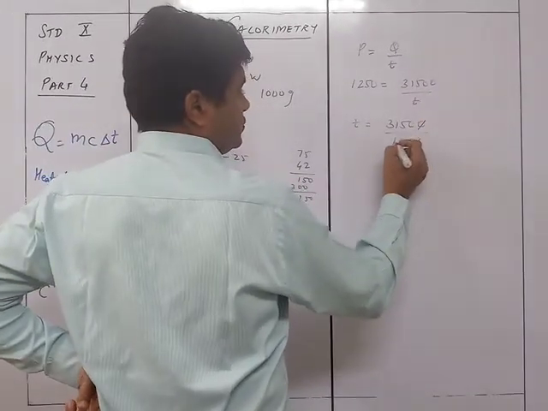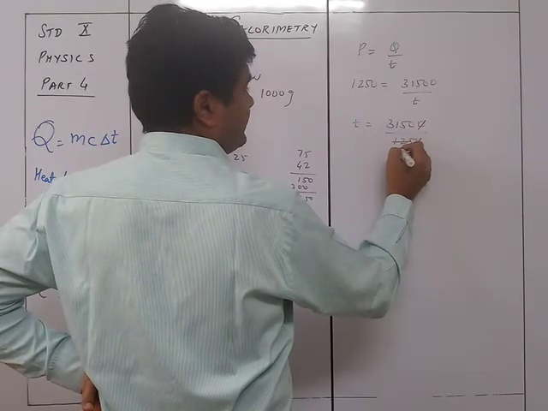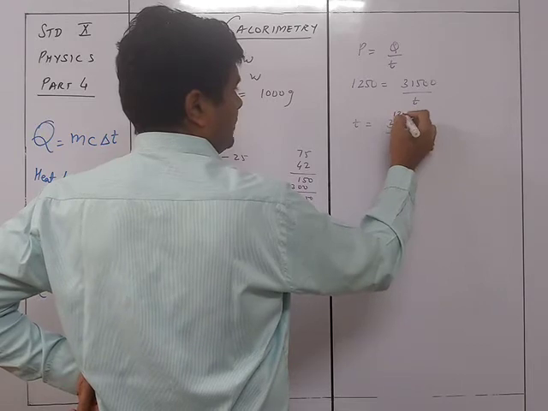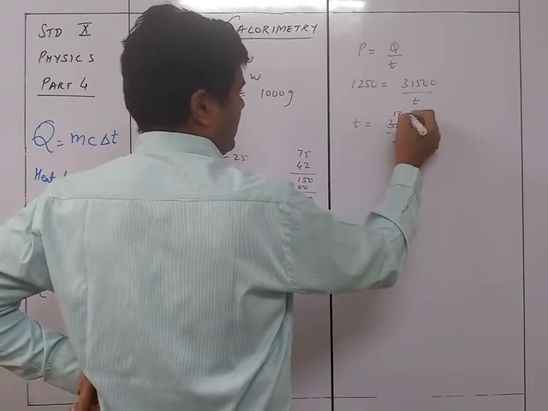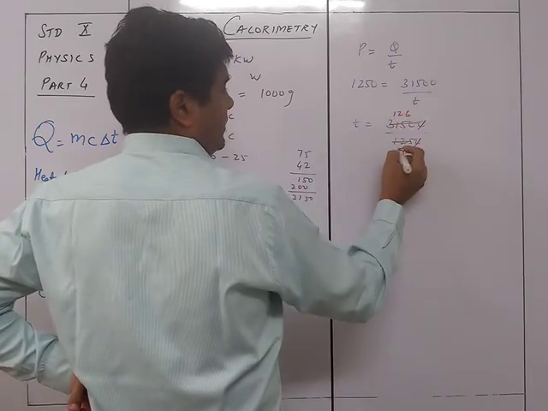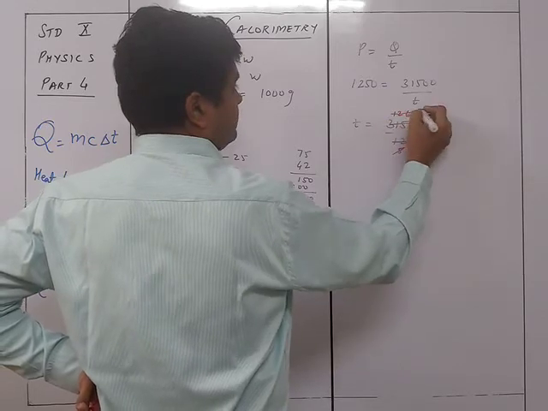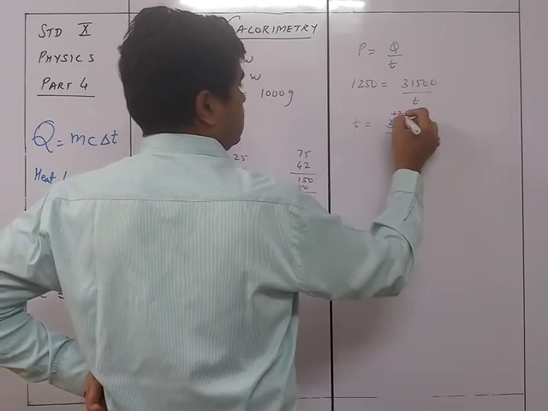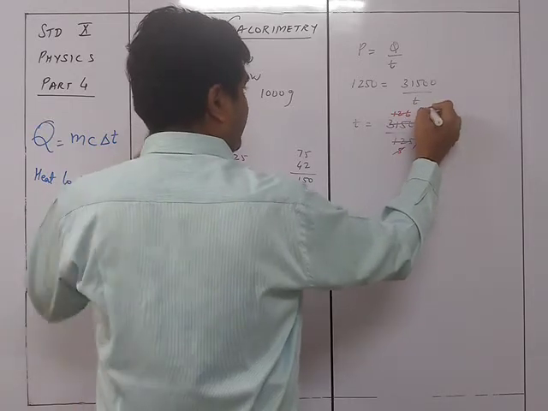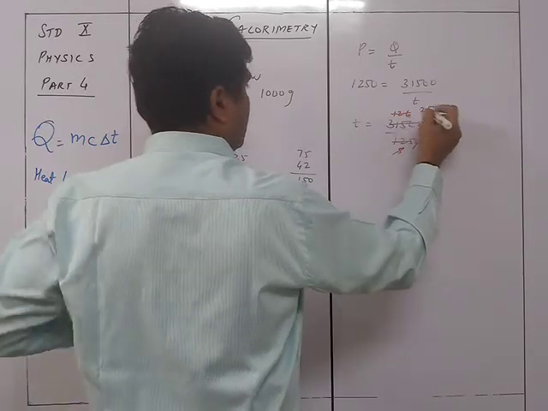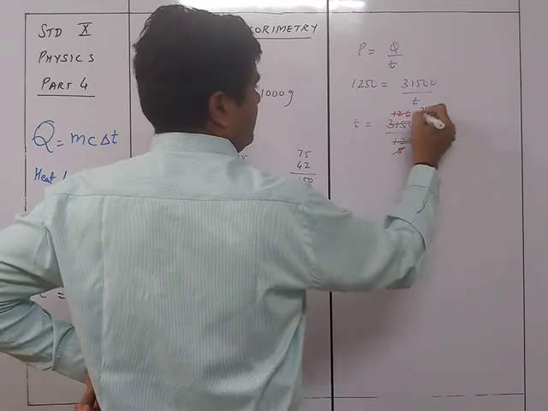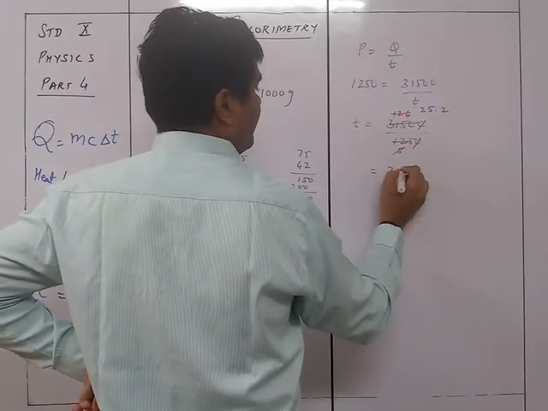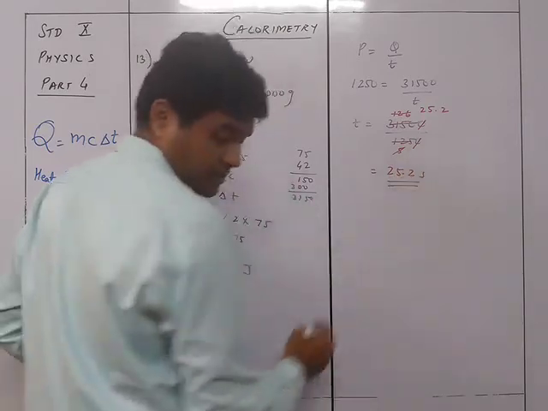The zero cancels, and then the division gives 25.2 seconds.